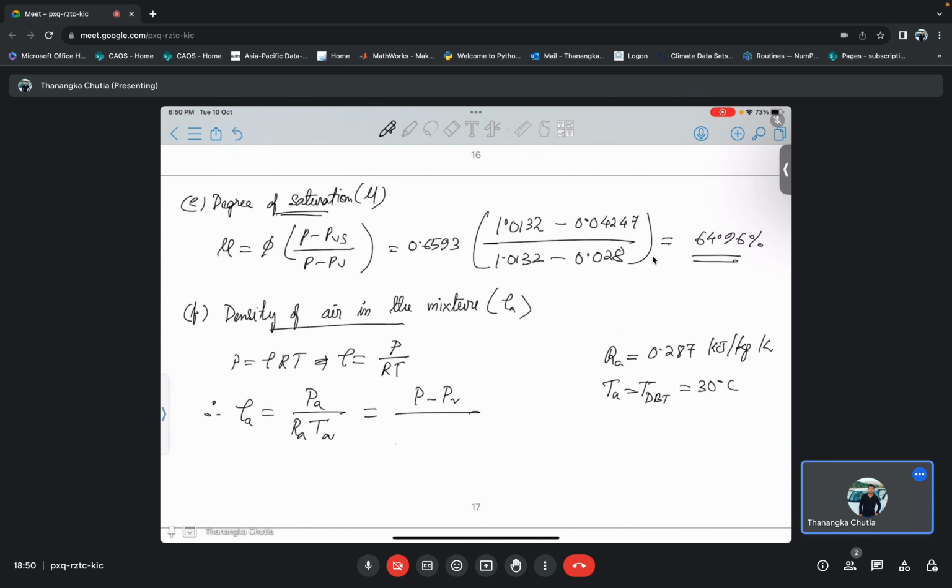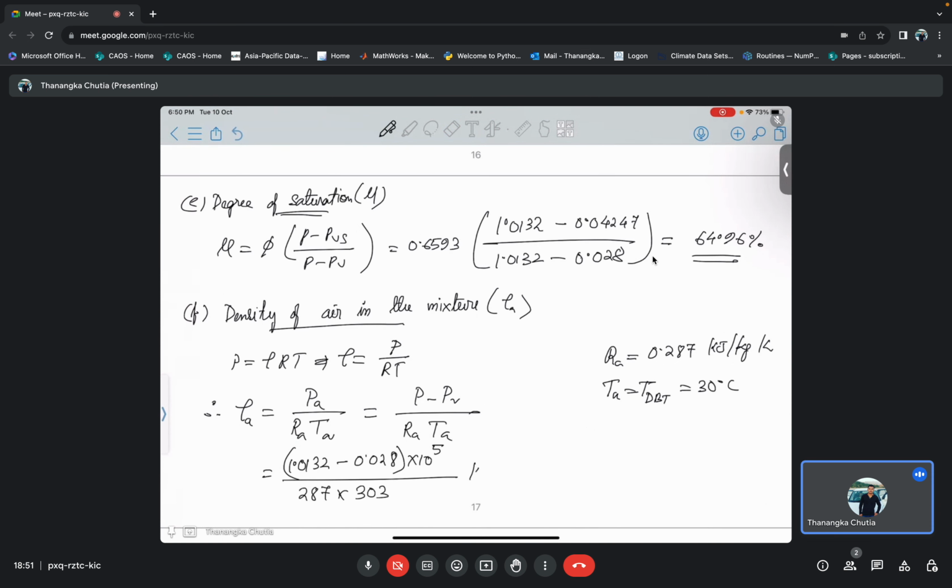Okay, so RA we will put it as such. So what is P? 1.0132 minus 0.028. Okay, this is in bar, so I will express it in Pascal, and this will be 287 into (30 plus 273), this will be 303.